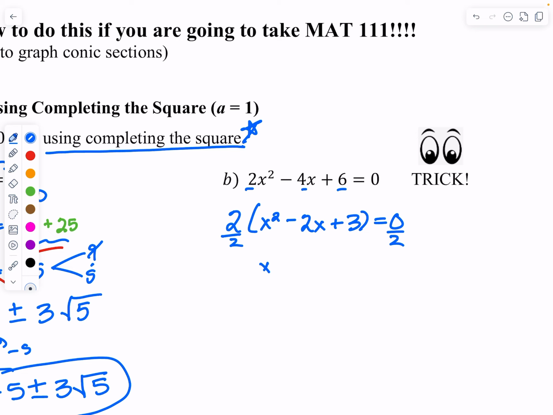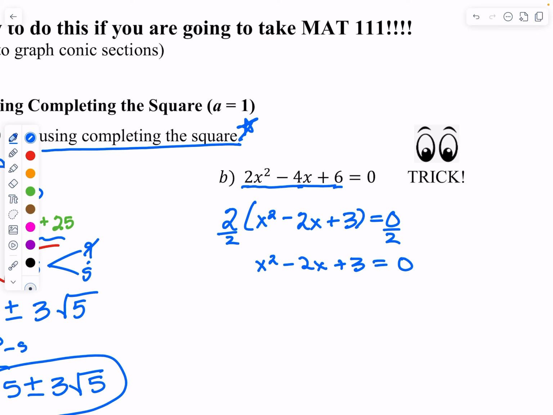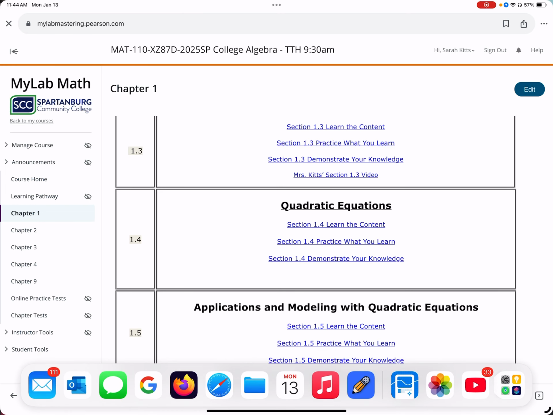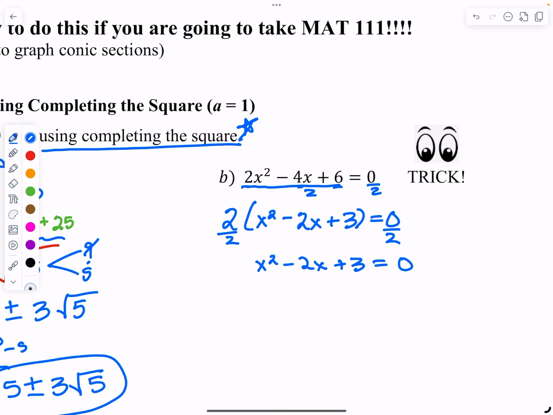That makes the equation just x squared minus 2x plus 3 equals 0. So I could have either factored it out, or I could have divided both sides by 2. Either way, I wind up with this x squared minus 2x plus 3.